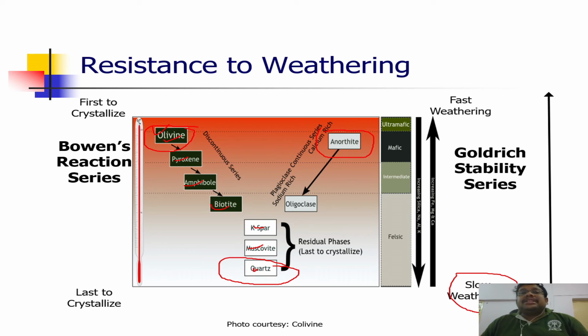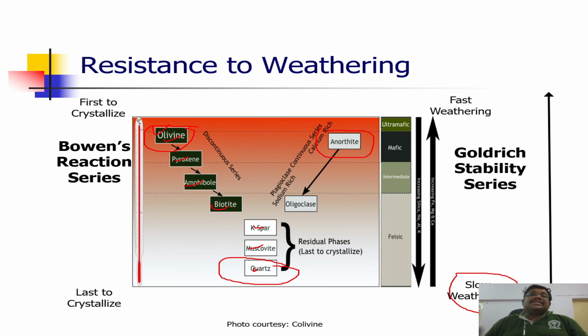So you can see anorthite and olivine weather fast as compared to quartz. This sequence of resistance to weathering is called the Goldich stability series.